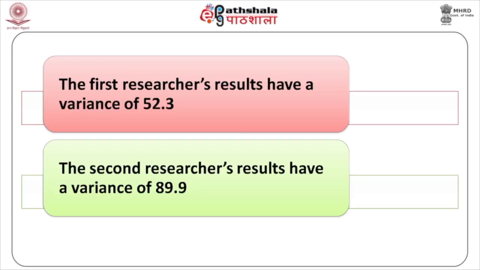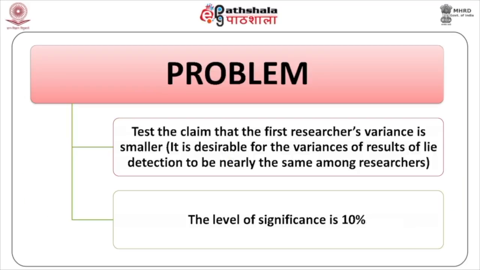They each consider the same set of 30 results. The first researcher's results have a variance of 52.3. The second researcher's results have a variance of 89.9. The problem is to test the claim that the first researcher's variance is smaller. It is desirable for the variances of results of lie detection to be nearly the same among researchers. The level of significance here is 10%.